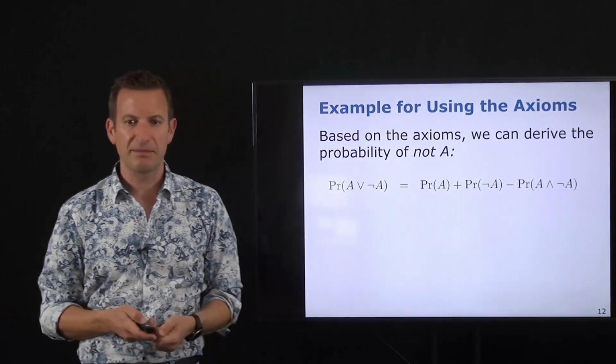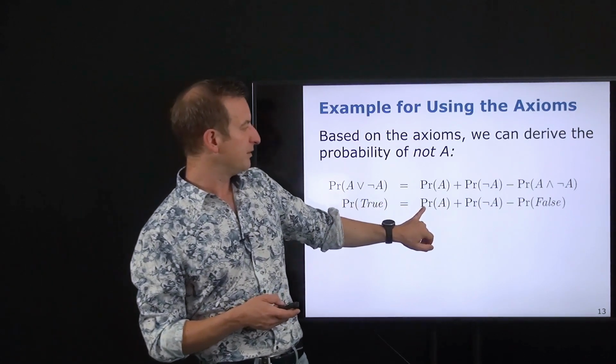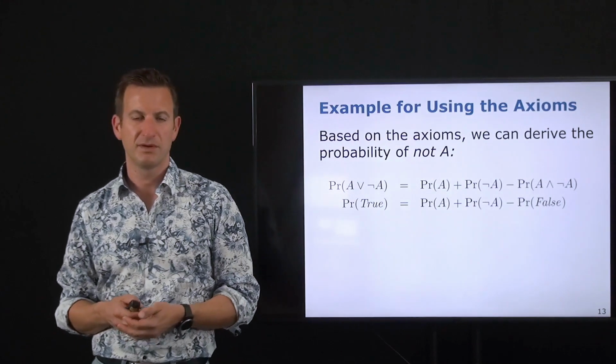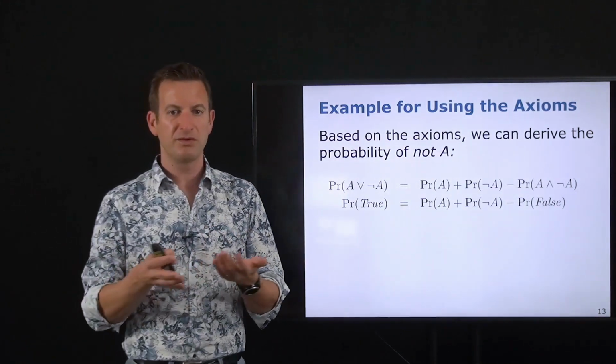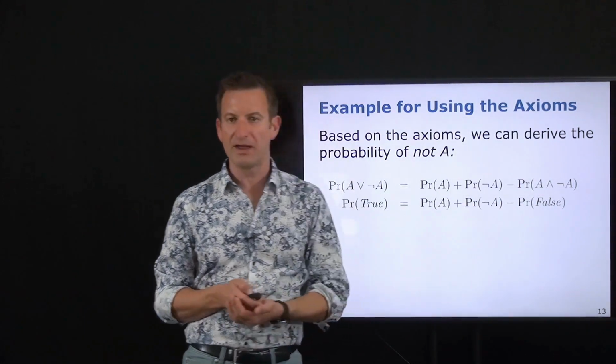So the next step will look like this. The probability of true is the probability of A plus the probability of not A minus the probability of false. And then we have derived before the probability of false is 0 and the probability of true is 1. So we can replace this by a 1 and this by a 0.